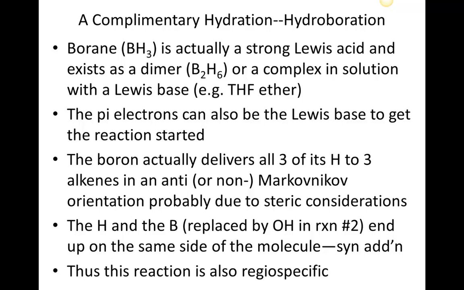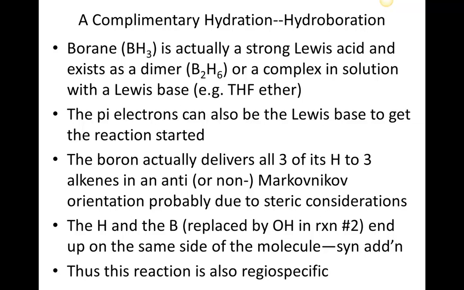And even though boron itself is not very crowded, remember we're going to do this 3 times, and so the steric consideration steers the boron to the less substituted carbon because it's less crowded. And so we say that this reaction is anti-Markovnikov or non-Markovnikov orientation.